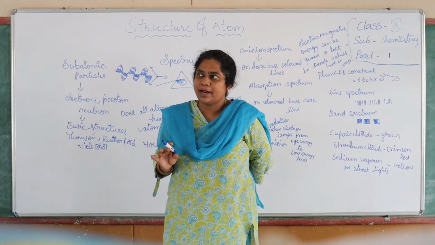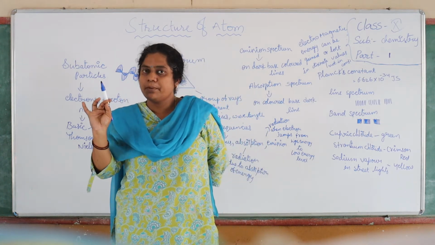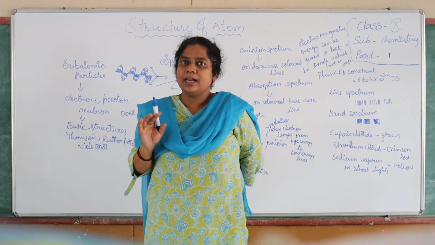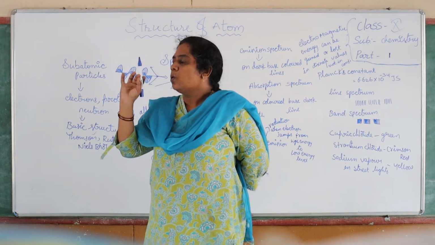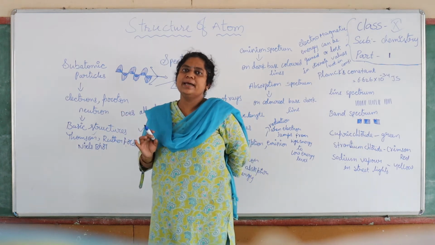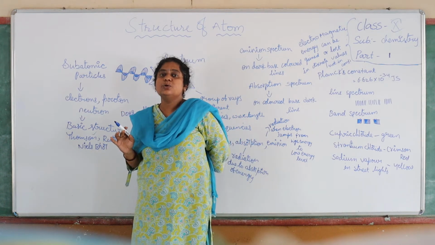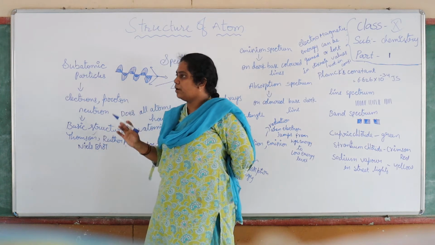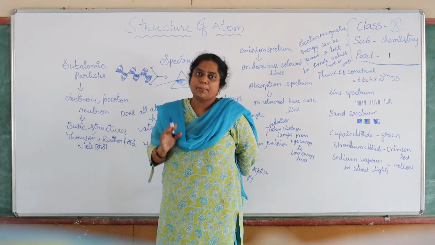That was the assumption about the atom by J.J. Thomson. He thought that as the seeds of watermelon are embedded in the red matrix of the watermelon, in the same way, the electrons are embedded here and there in the positive matrix, like a proton.